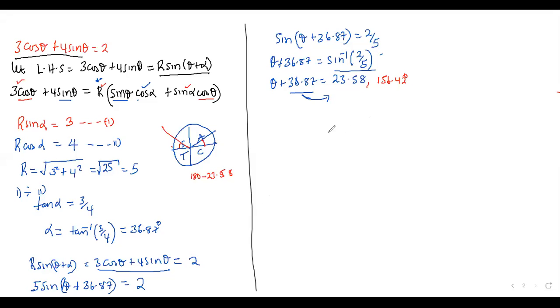Now the second revolution. When you come here, this was 23.58. When you add on 360 in the second revolution, you get 383.58.